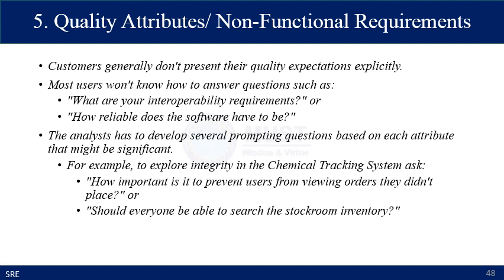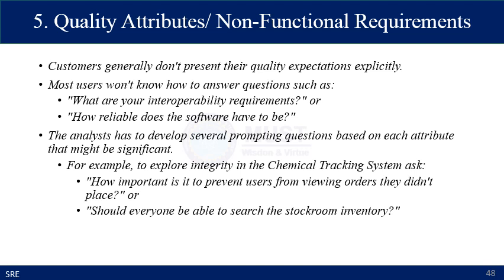Customers generally don't present the quality expectations explicitly, and they consider that these requirements will be catered to implicitly by the developers. Most users won't know how to answer questions such as what are your interoperability requirements, or what your application should interact with, and how reliable your system has to be.